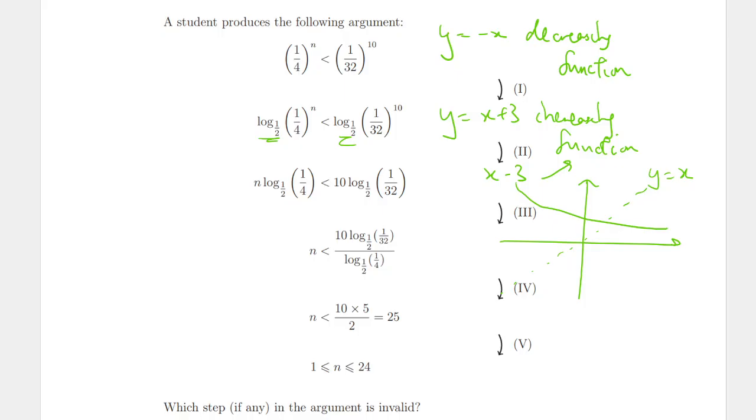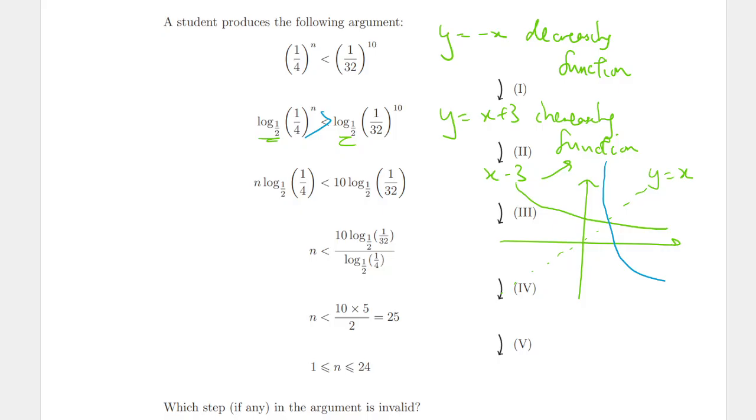Let me use blue. You see the blue one is monotonic decreasing. So that's why log base a half is a decreasing function.